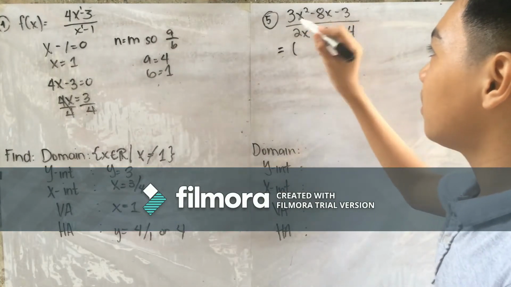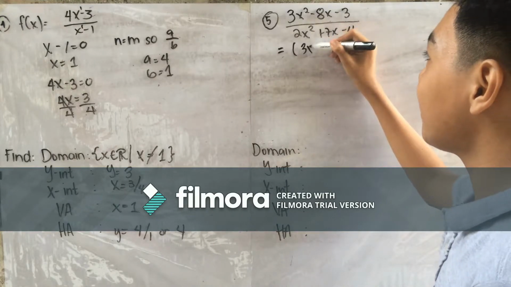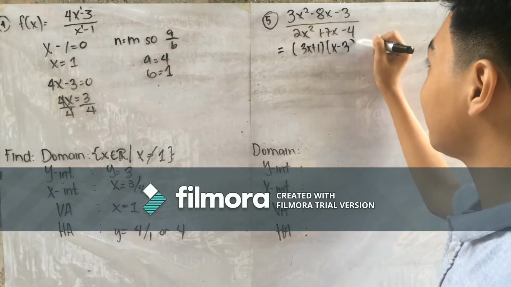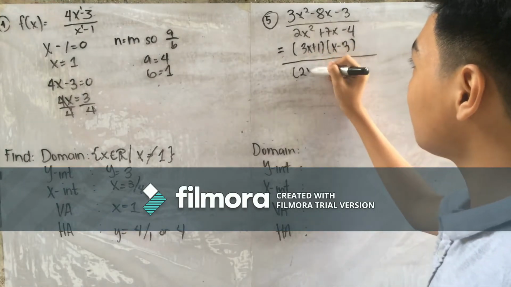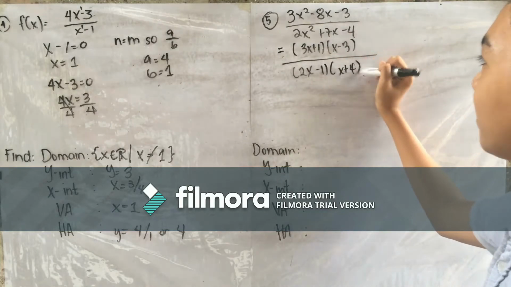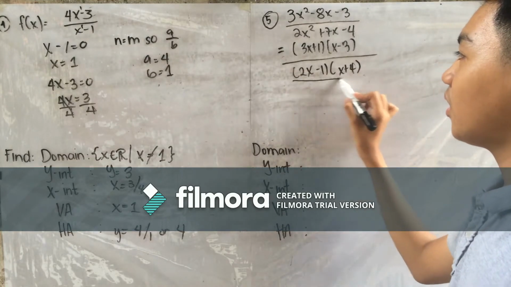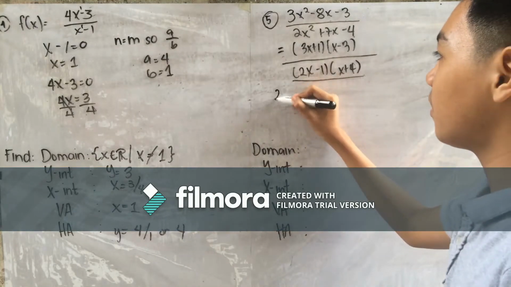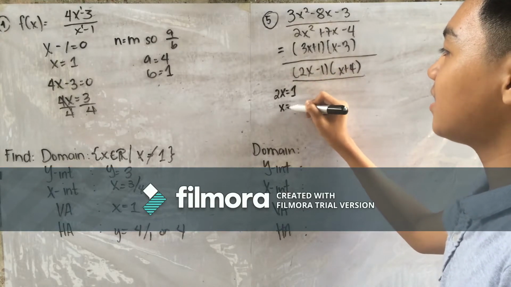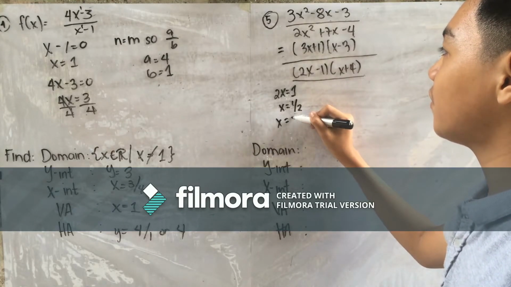So, the factored form is 3x plus 1 times x minus 3, all over 2x minus 1 times x plus 4. So for the domain, we equate the denominator to 0. So 2x equals 1, x is equal to 1 half, and x is equal to negative 4.